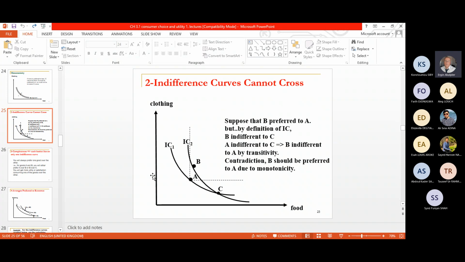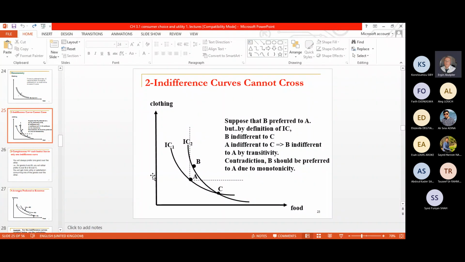A and B also differ a little in food, but clothing shows that on indifference curve 2 you have a better combination compared to indifference curve 1 at point A. Therefore, you have to prefer B at indifference curve 2 instead of A, because indifference curve 1 is less than indifference curve 2, and at B you are better off. Am I right? Yes, you are right, Professor.